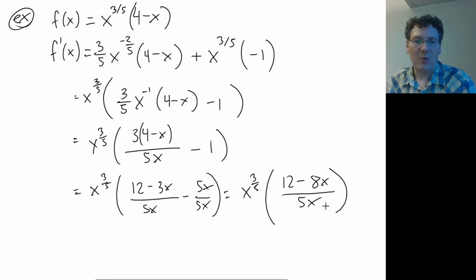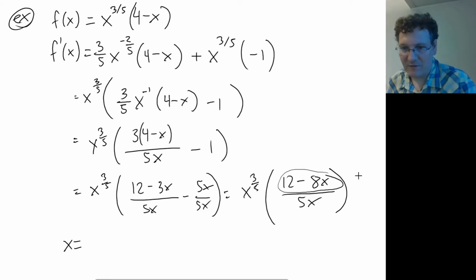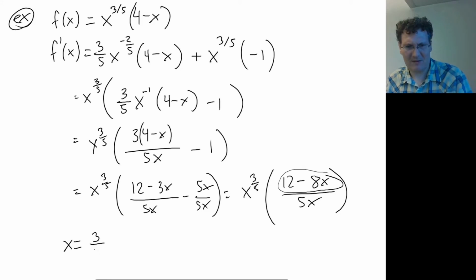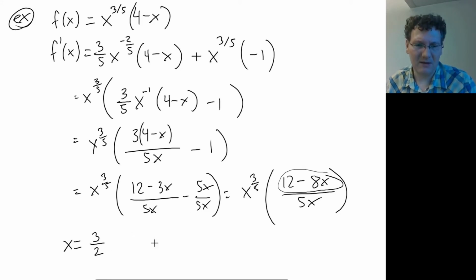Okay, so when would the derivative be 0? If this numerator here is 0, that could happen. That would be x equals 12 over 8, which is 3/2, right?